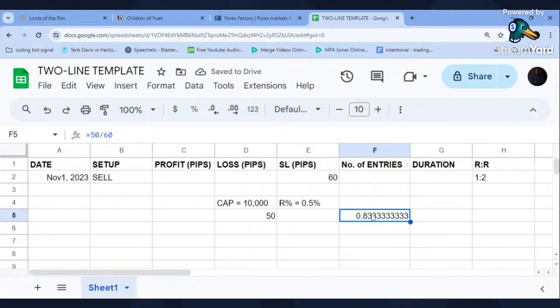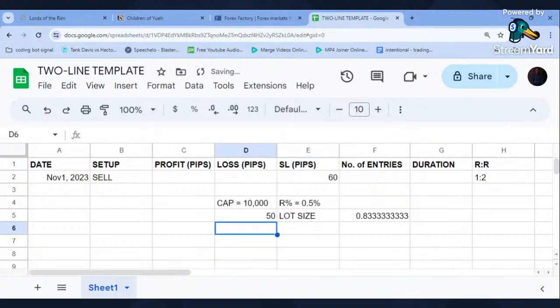So what lot size will I be using to execute this trade? I'm trying to remember, is it 60 pips divided by 50 or 50 divided by 60? I want to get the facts right.